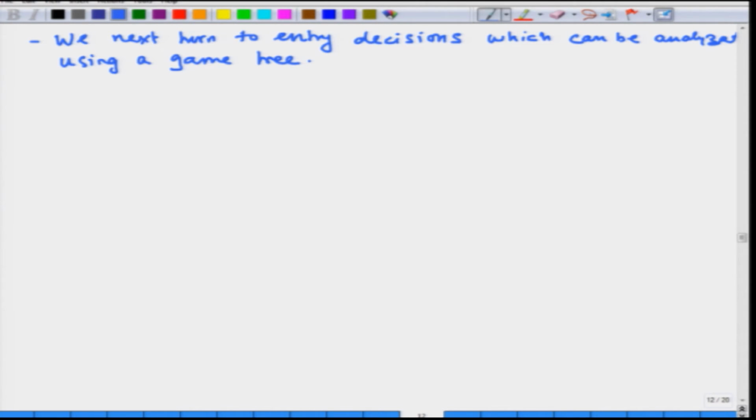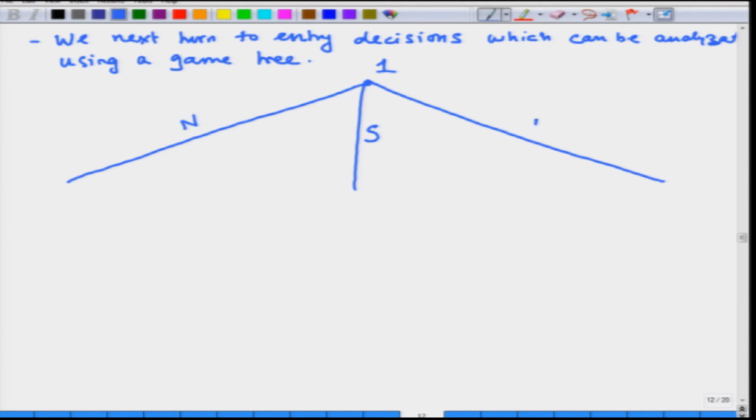The way we would construct the game tree is we would start with the initial node where firm 1 is moving, because firm 1 is the first mover, and firm 1 can either choose to not enter, to invest in a smaller capacity, or to invest in a large capacity, right.